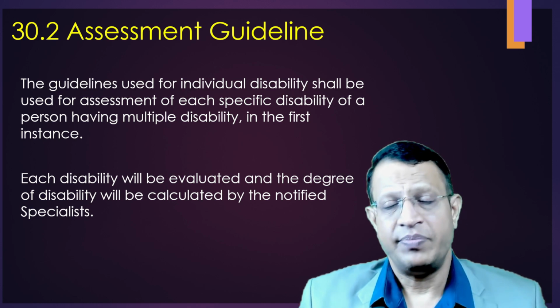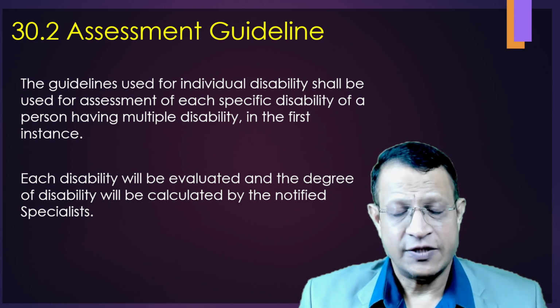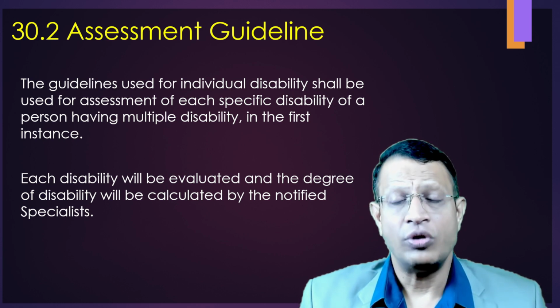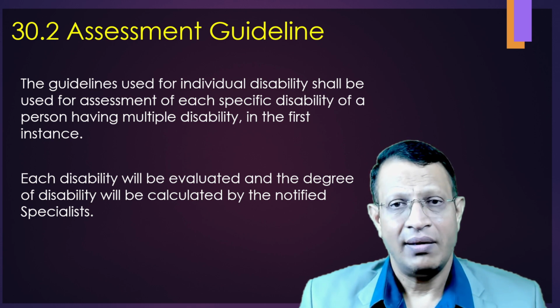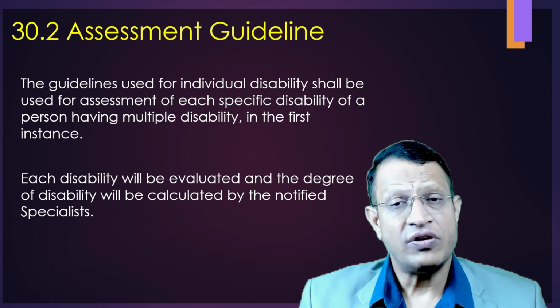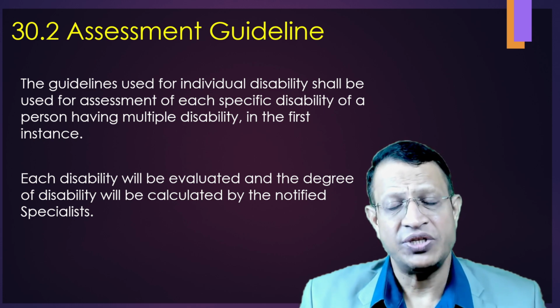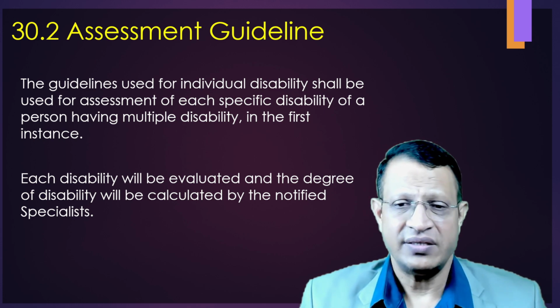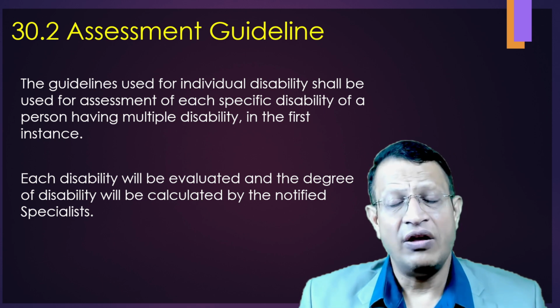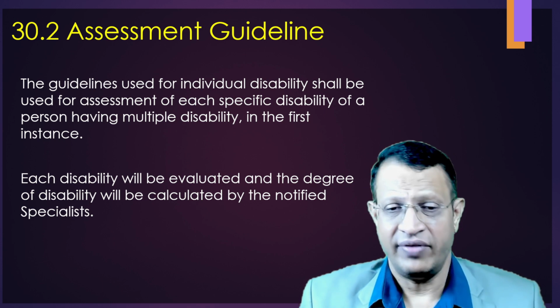That means if a person has difficulty in hearing, difficulty in speaking, and also may have locomotor disability and mental disability in the form of depression, each of these disabilities will be evaluated independently by the respective specialization. And finally, the degree of disability of the individual disorder will be given.